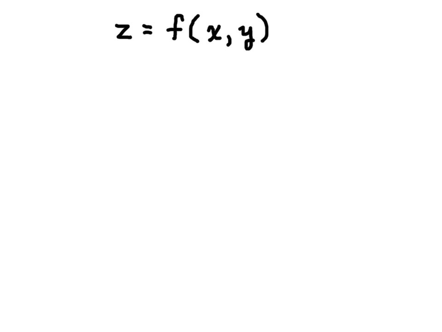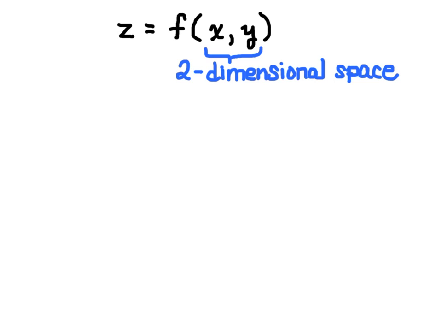So in this case, our domain, x and y, represents a graph in two-dimensional space. And z gives this graph a third dimension, a height.